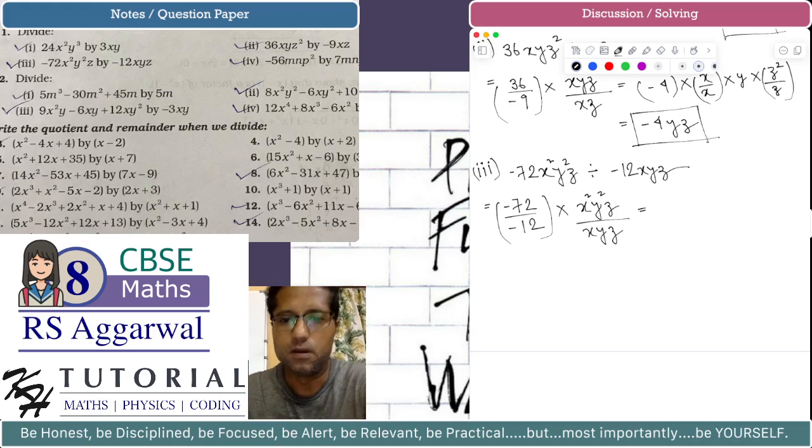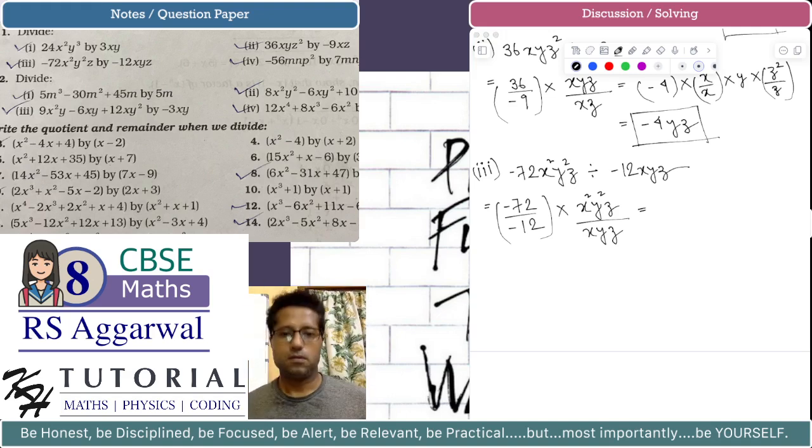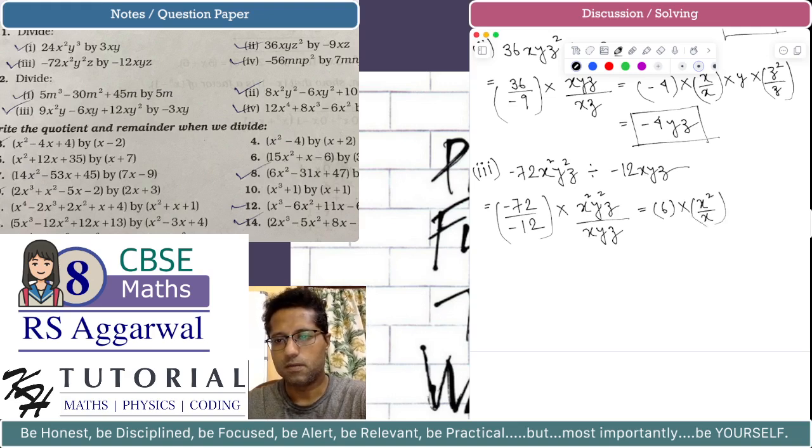Okay, so we have this. Now if you simplify the division of the coefficients, it is 6, and then you group the powers of the same literals, x square by x multiplied by y square by y, and then multiplied by z by z.